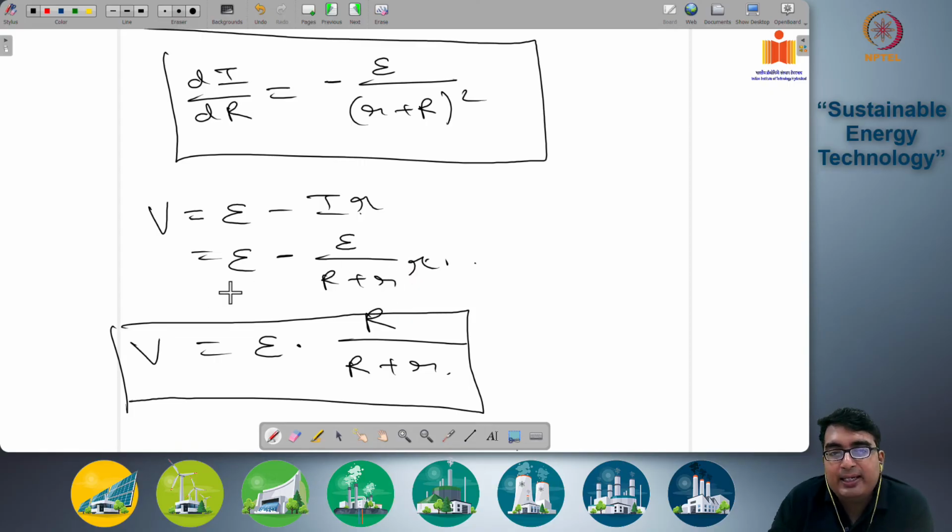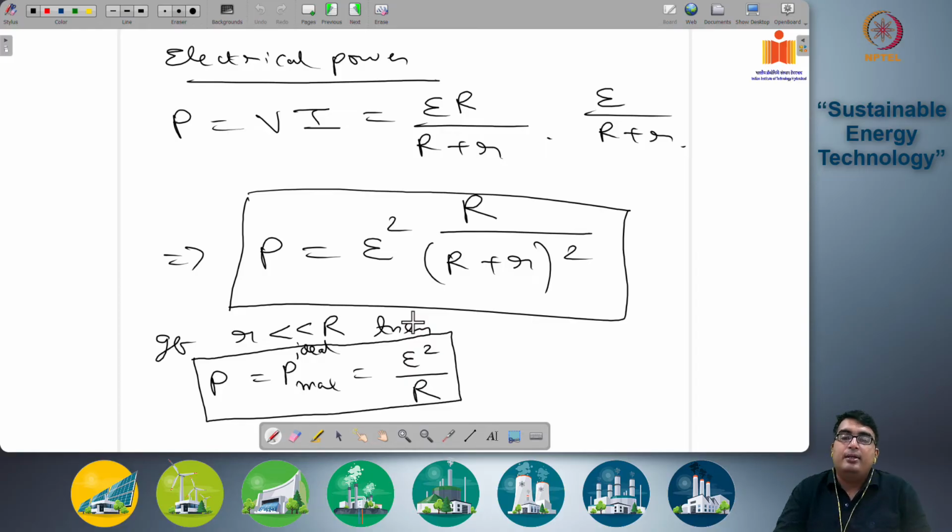So now you take electromotive force out, so 1 minus small r by capital R plus small r, so capital R by capital R plus small r. So the expression for the external voltage is the open circuit voltage into this ratio, the external load resistance by the total resistance. Alright, so this is another expression by which you can express the voltage.